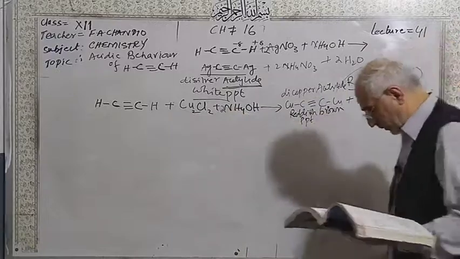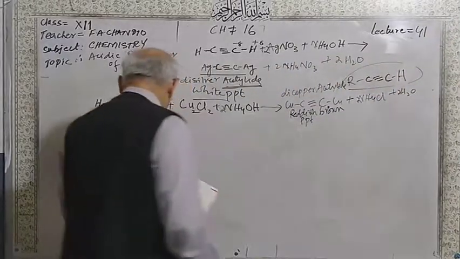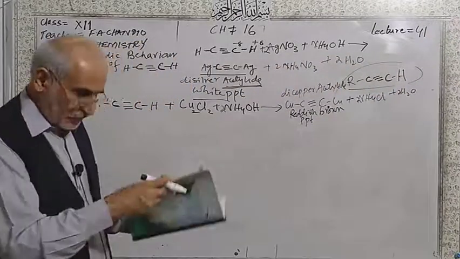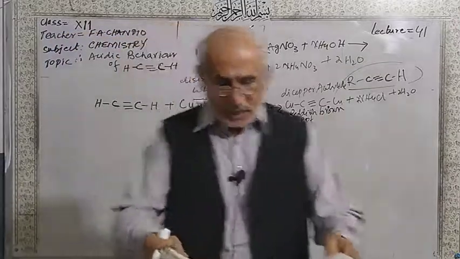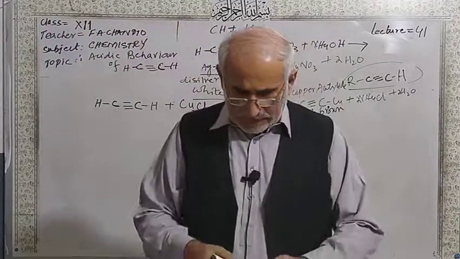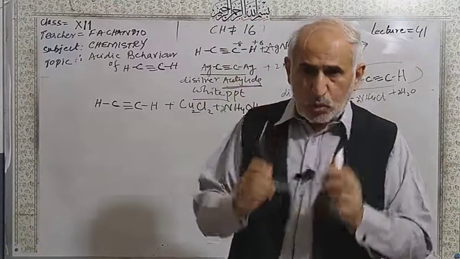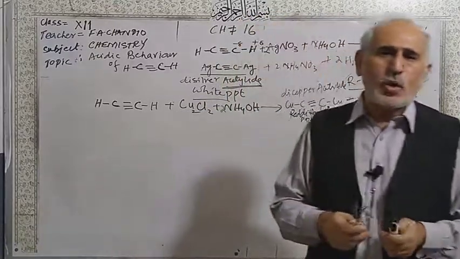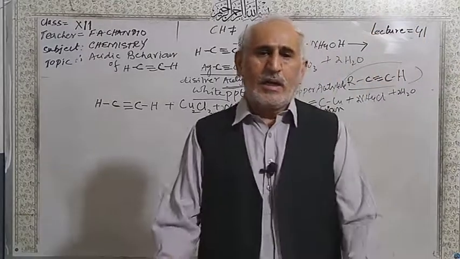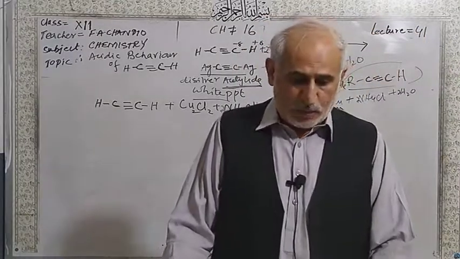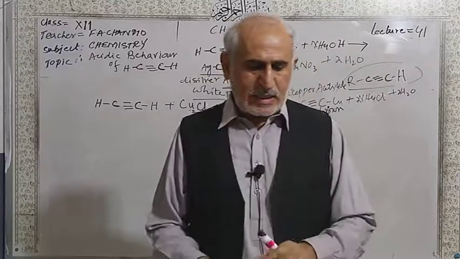Like this one. So dear students, these are the two tests to differentiate between the alkenes and alkynes and also alkanes. Alkenes do not give the test, and if there is no terminal hydrogen with the alkyne, the test will be negative.